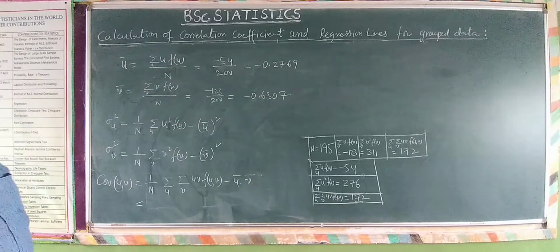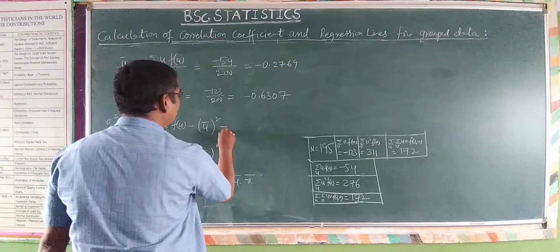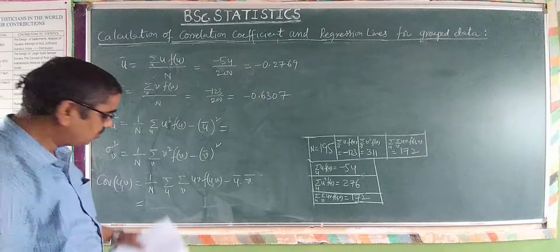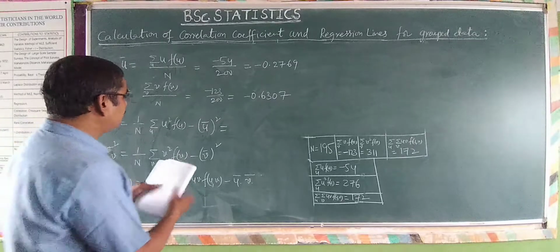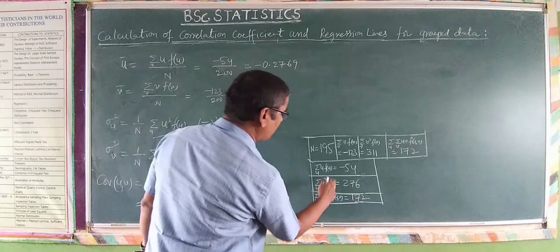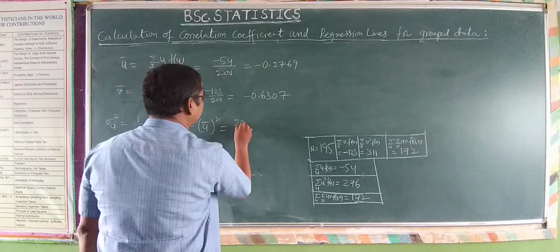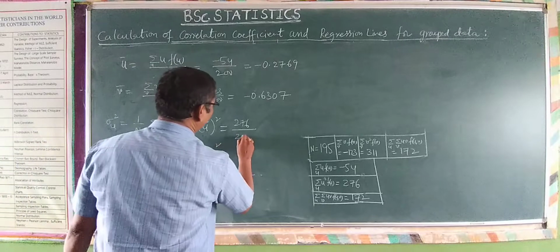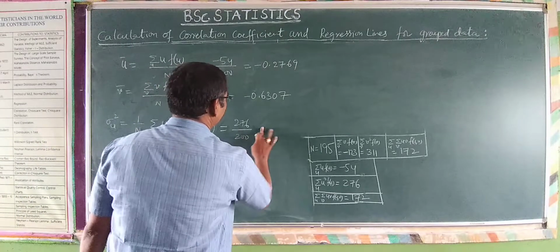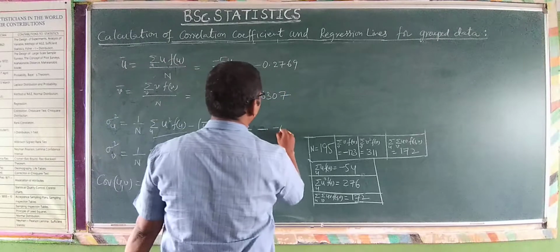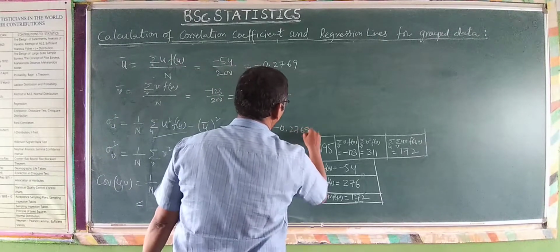Now we move to sigma square u. Actually you have to calculate sigma u and sigma v. First we calculate this and then move further. Sigma square u is summation u square f of u, which is 276, divided by capital N equal to 200, minus u bar, which is minus 0.2769, whole square.